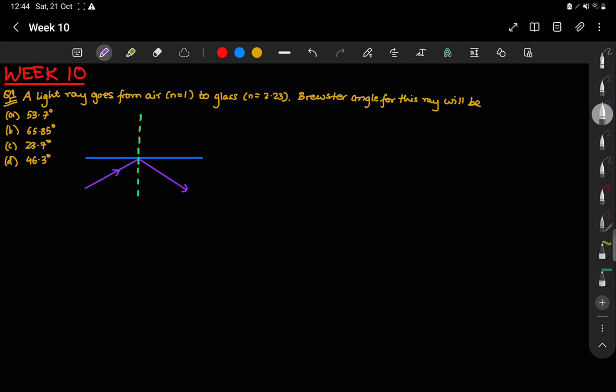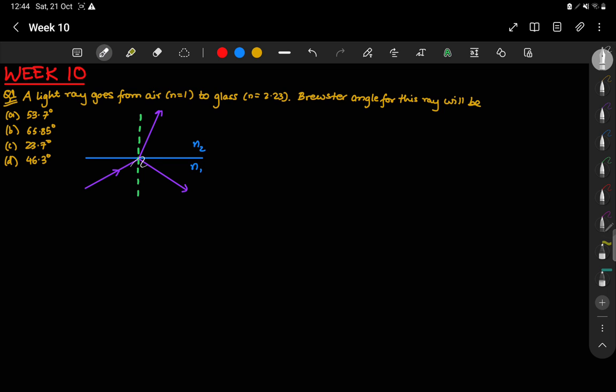This is the reflected ray, and this is the refracted ray, and these are the refractive indices N1 and N2 of the medium.